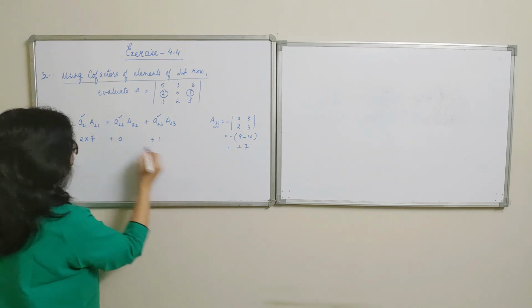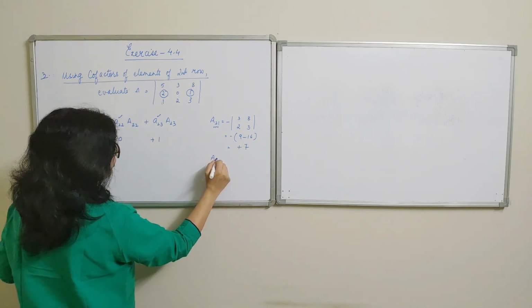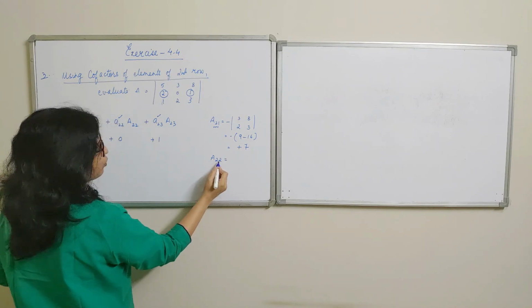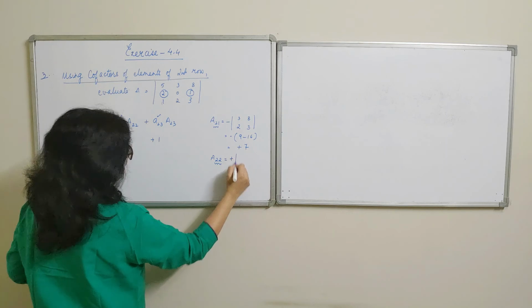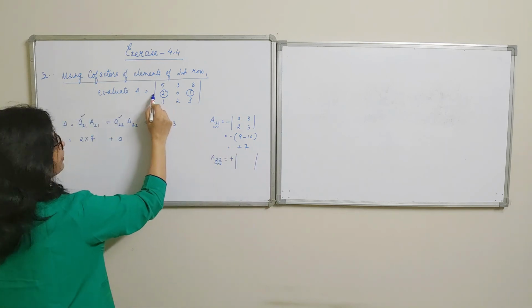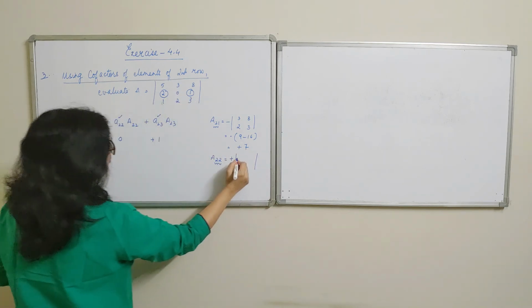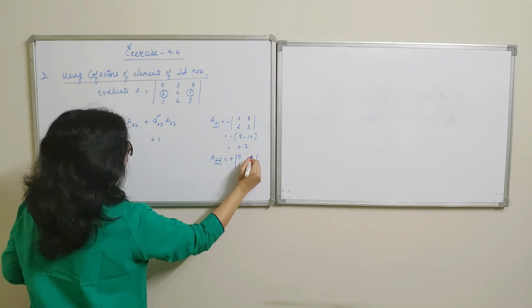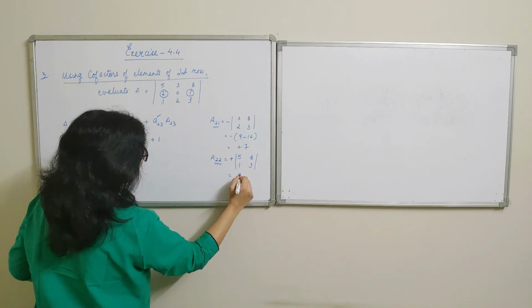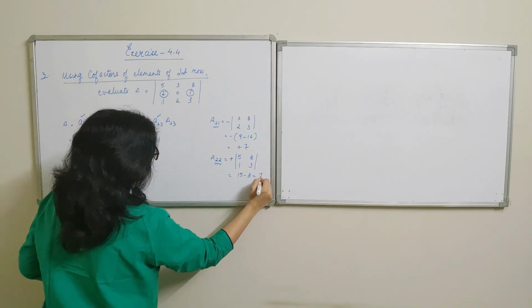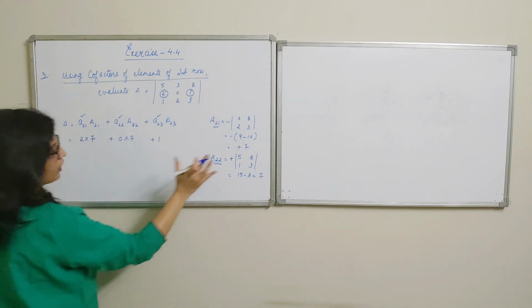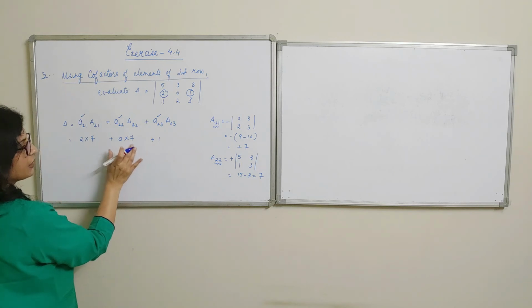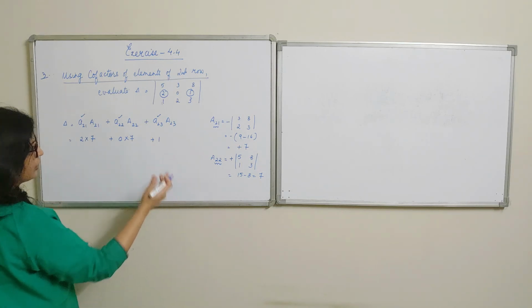Then A22, although it is being multiplied by 0, but still we'll find it out. Here the sum of subscripts is even, so the determinant will not change its sign. Deleting second row, second column, the elements that we have are these. So we get 15 minus 8, which is equal to 7. So 0 multiplied by 7. What I am writing here can be directly written here also, or you can even mentally calculate.